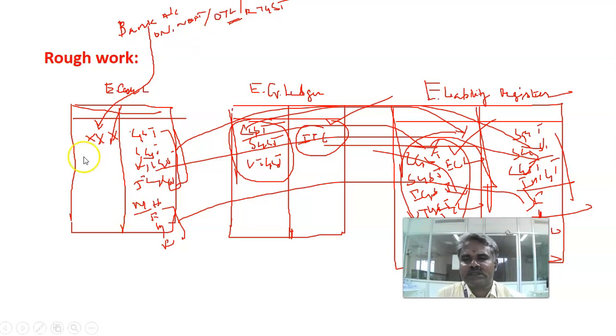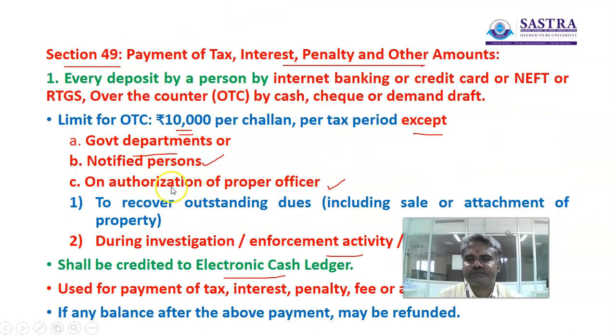You have to use the electronic cash ledger for both major and minor heads of payment. But the electronic credit ledger can be used only for the payment of major heads, not minor heads. This is the difference you have to understand. And finally, you have to settle through the electronic liability register. When you use the over-the-counter payment, your limit for transferring money is only 10,000.